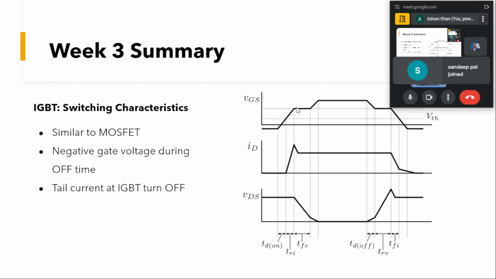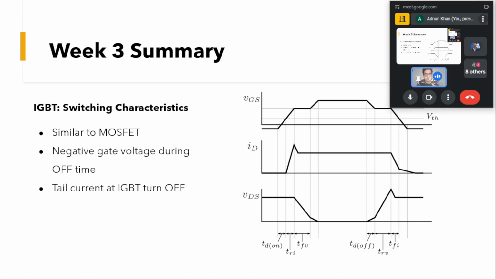As soon as we apply this VGE voltage, the voltage builds from some negative or zero voltage up to the threshold voltage. We call this the turn-on delay time, up to this point. There is no conduction, because our device is in cutoff mode up to the threshold.